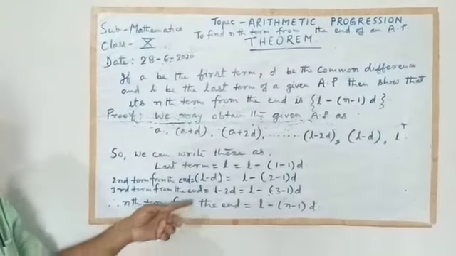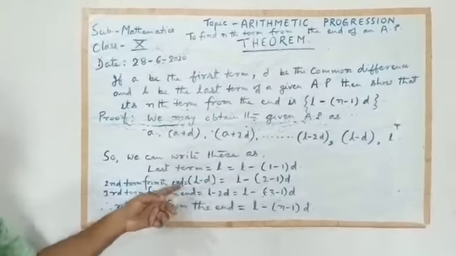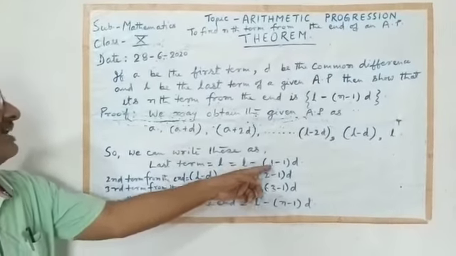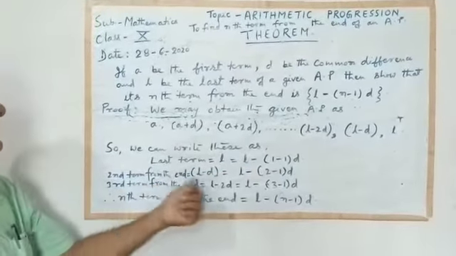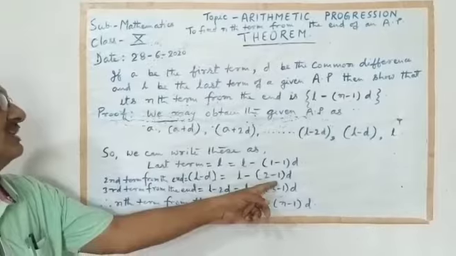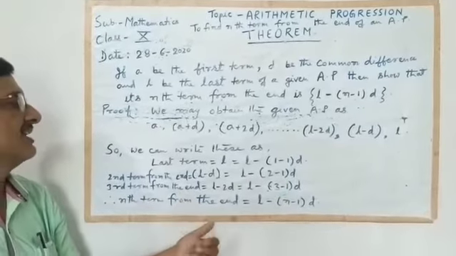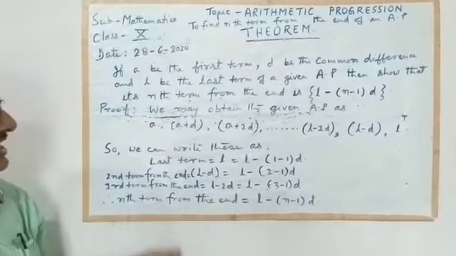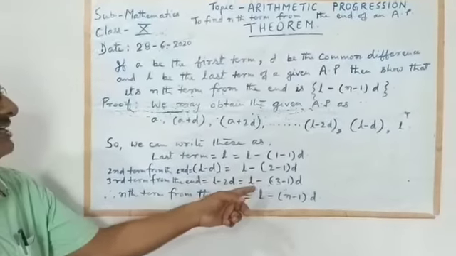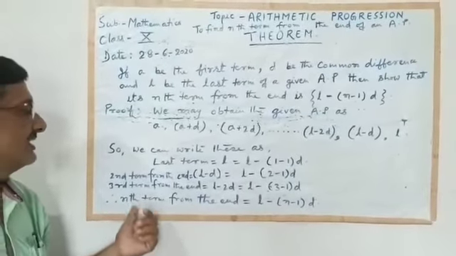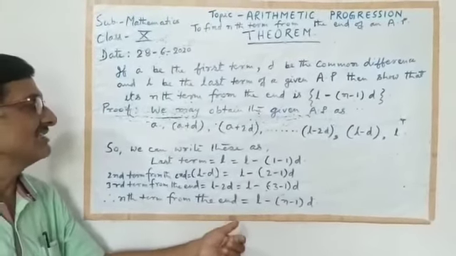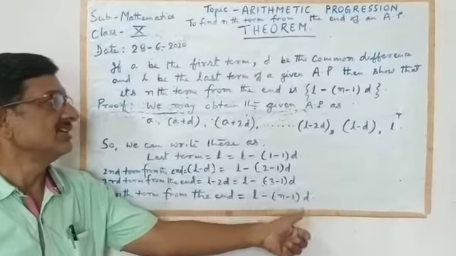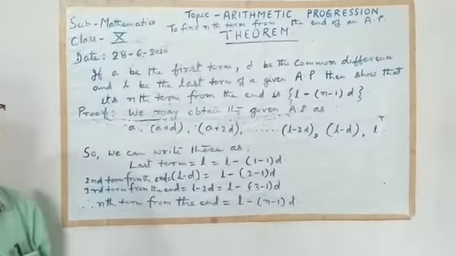In the same way, what we are observing is that the first term from the end is L minus (1 minus 1) into D, the second term is L minus (2 minus 1) into D, the third term is L minus (3 minus 1) into D. In the same pattern, we can write the nth term from the end as L minus (n minus 1) into D.